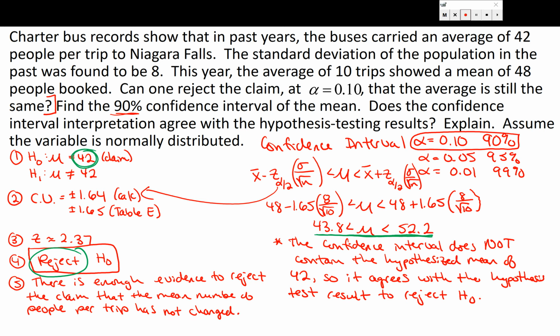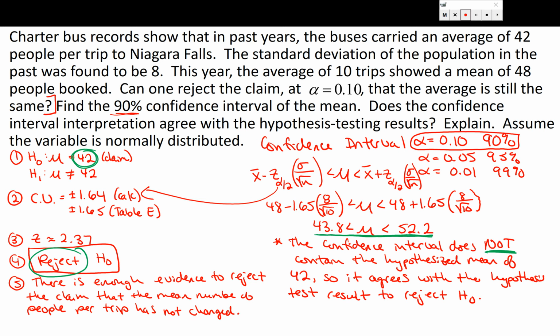Now, if we happen to not reject the null hypothesis, then the value in your null hypothesis should be in that interval. So if your hypothesis test shows to reject the null, the value in your null should not be in the confidence interval. If you don't reject the null, the value in the null should be in your confidence interval. That's just giving you an extra little backup.